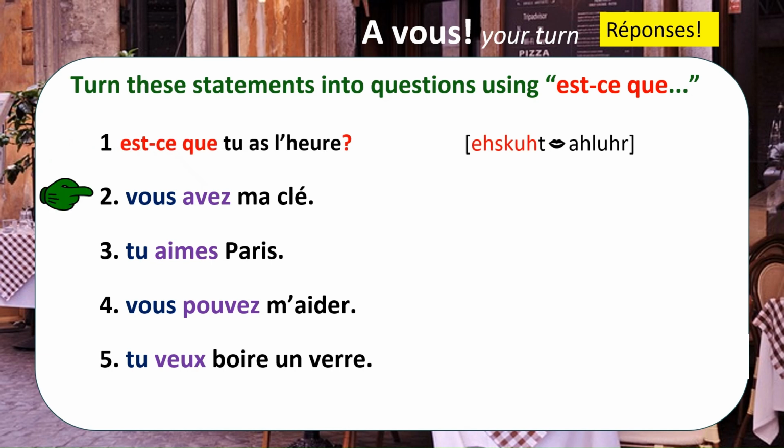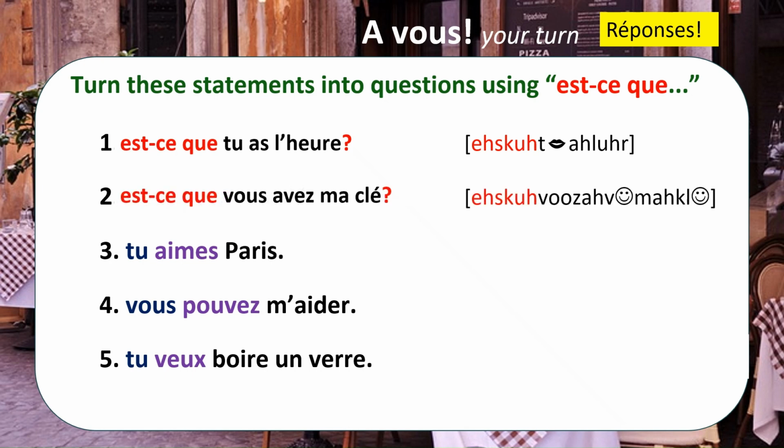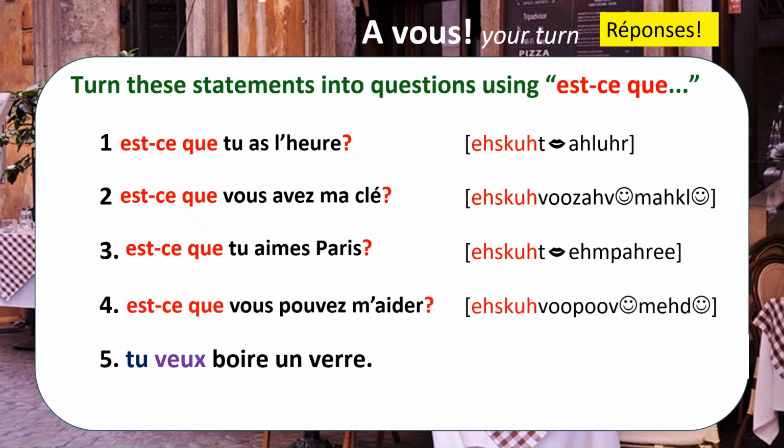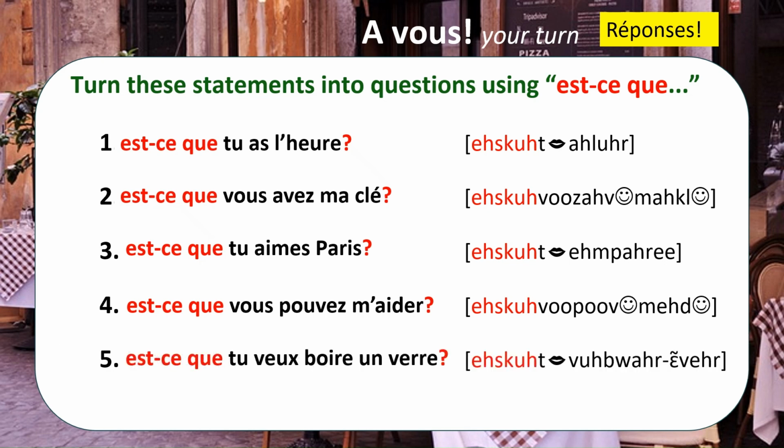Vous avez ma clé becomes, est-ce que vous avez ma clé? Tu aimes Paris becomes, est-ce que tu aimes Paris? Vous pouvez m'aider becomes, est-ce que vous pouvez m'aider? Tu veux boire un verre becomes, est-ce que tu veux boire un verre?